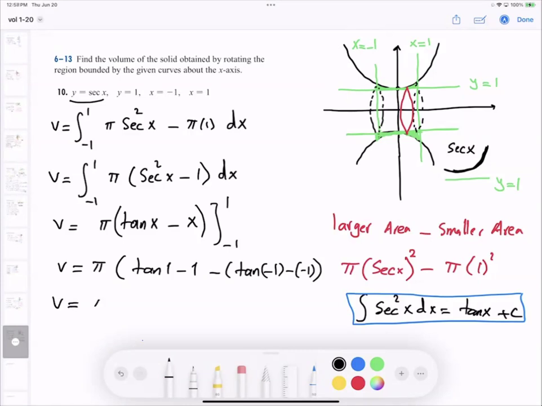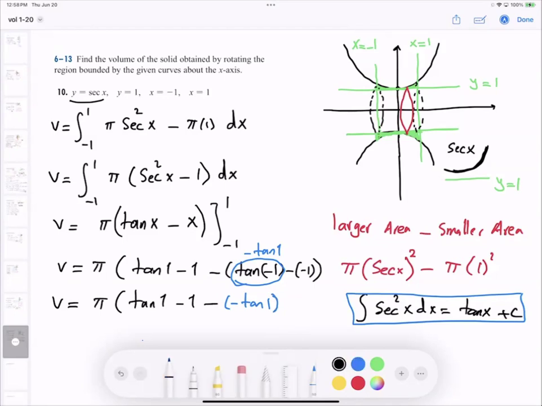The volume is pi, tangent of 1. We can just leave it as it is because otherwise you have to use a calculator. So you get tangent of 1 minus 1 minus, but tangent of -1 is negative tangent of 1. So you get minus tangent of 1, and then here you have plus 1, and then when you distribute the negative sign, you get minus as well.